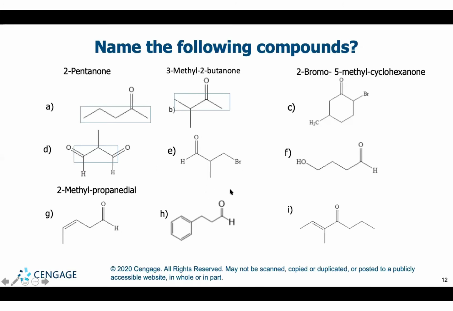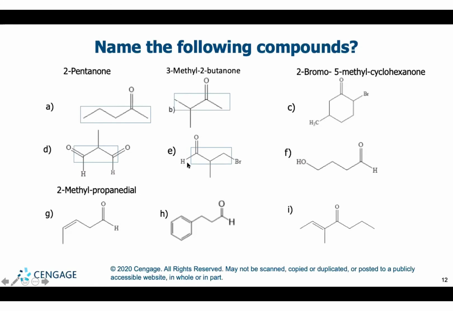What about this one? Find the longest chain. That's the longest chain. Is it aldehyde or ketone? It's aldehyde, because one side is connected to hydrogen, right? This carbonyl group is connected to hydrogen. We start numbering from the left side.